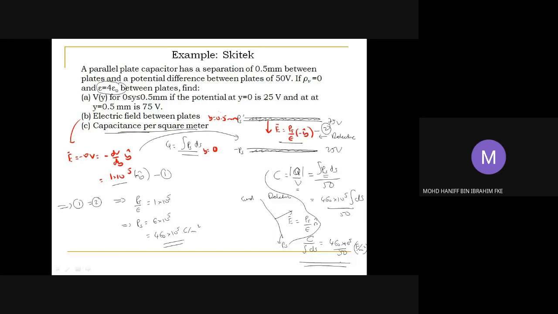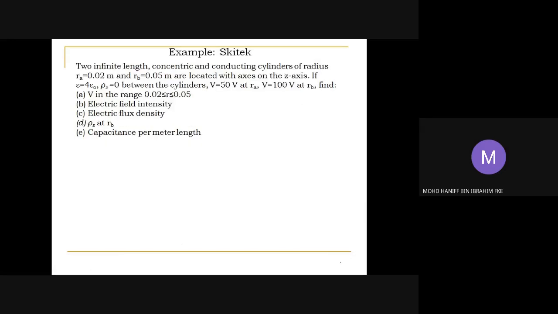Okay, if there's no question, let us proceed with the next example then. In this example, we are given almost the same problem, but this time it is about conducting cylinders. We are given two infinite length, concentric conducting cylinders, which means they have the same axis.